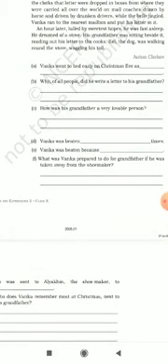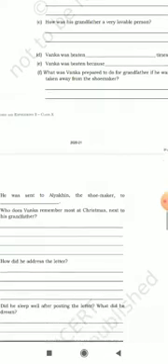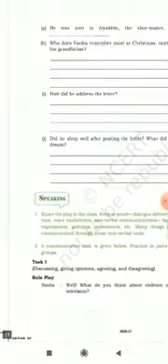Then after listening, because it is the listening exercise, you will listen to the story carefully, and then certain questions are given at the end, like Vanka went to bed early on Christmas Eve as. Then after listening, you will answer these questions. So this is your listening exercise you are going to solve.